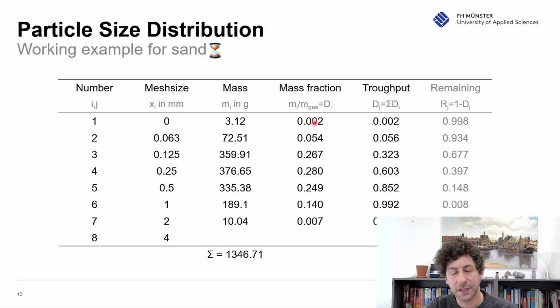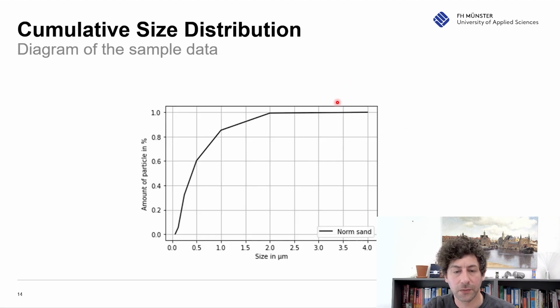This is what is in sieve number 1, what is in sieve number 2, what is in sieve number 3, and now you count from the left, from the smallest, this plus this is this, plus this is this, plus this is this, right? The remaining I just put in gray, it's not so important, it's 1 minus. And if you now make a diagram out of it, you get this cumulative size distribution of the example I gave you.